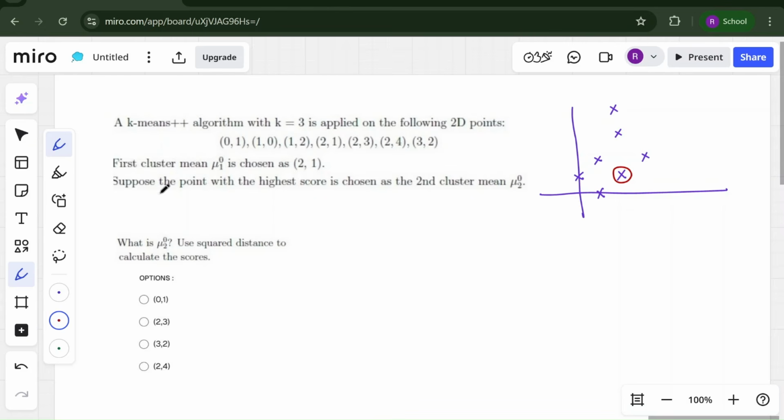What does the question say? The point with the highest score is chosen as the second cluster mean. And then it says what is mu2 0? Use squared distance to calculate the scores. So first of all, determining the point is easy. You have to check for the point which is very far away. I guess this point is the farthest, right? 2, 4.